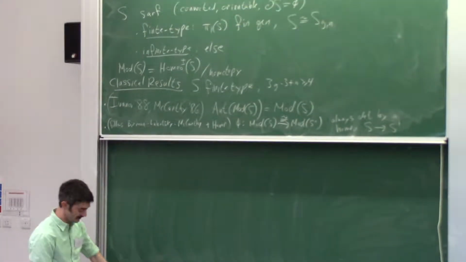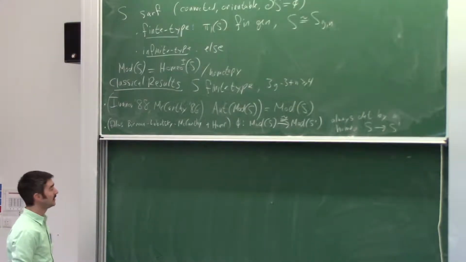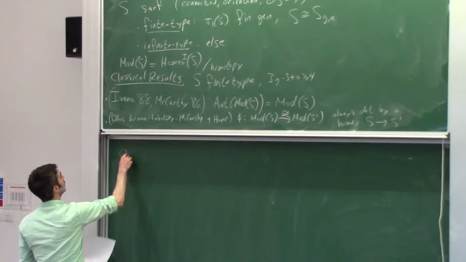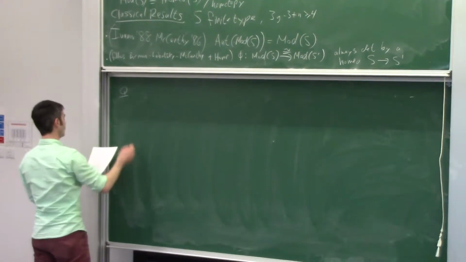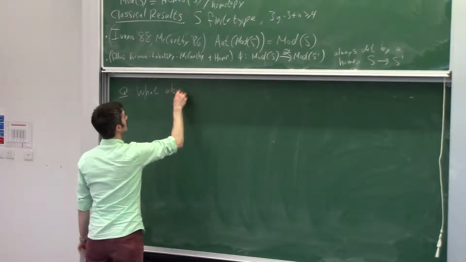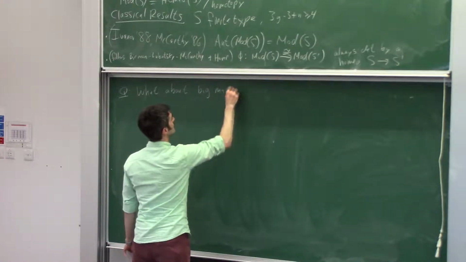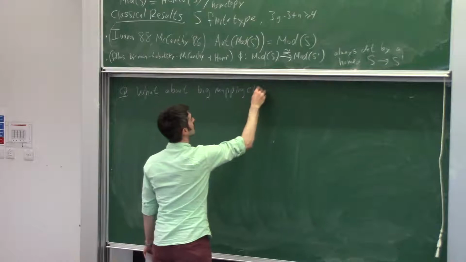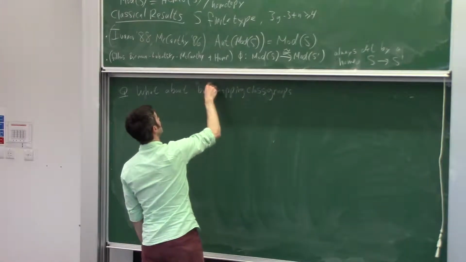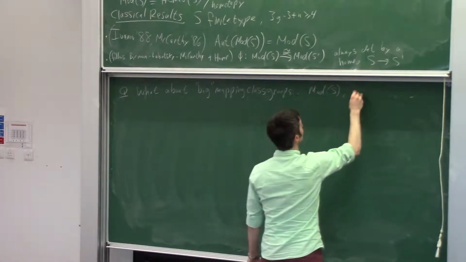Okay, so those are two very nice results. And so today, what I want to think about is whether these sorts of things hold in the infinite type case. So what about big mapping class groups? By big, I mean the mapping class group where S is infinite type.